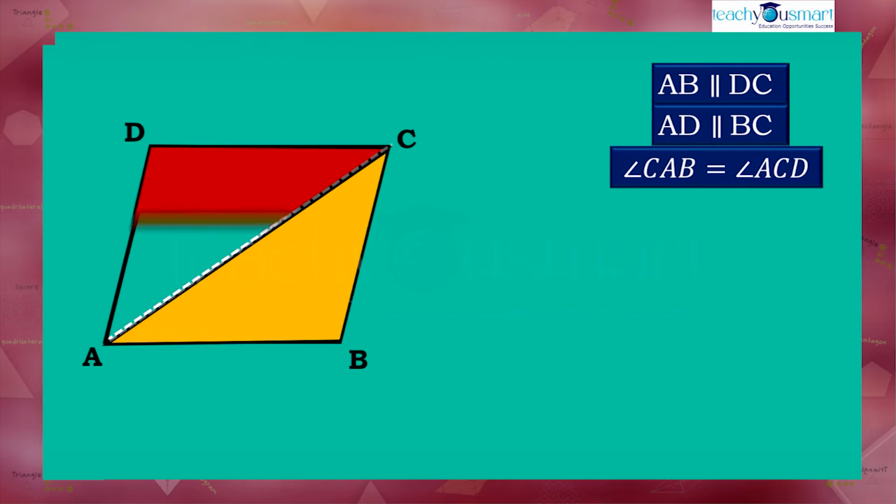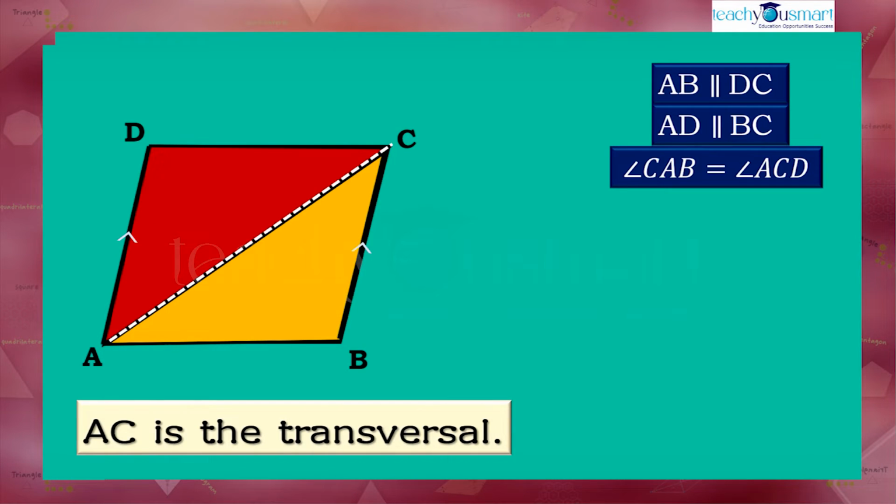Also, AD is parallel to BC and AC is a transversal, so angle ACB is equal to angle DAC.